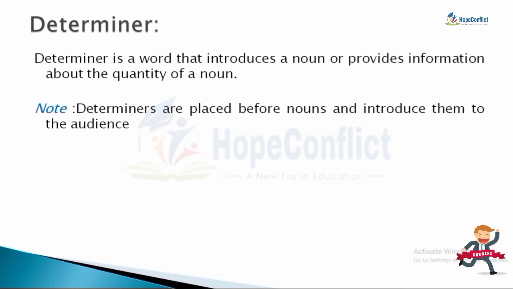As the note says, डिटर्मिनर क्या है? नाउन के जो पहले जो लिखा हुआ होता है ना, mostly वही वर्ड is your determiner. And what does a determiner do? It introduces your noun to the audience. ऑडियंस को नाउन को इंट्रोड्यूस करता है. So how it does that, we will see with the example.